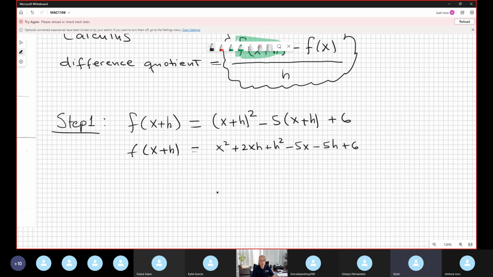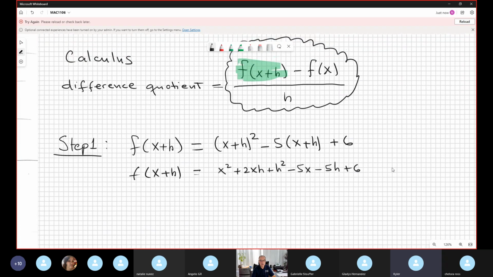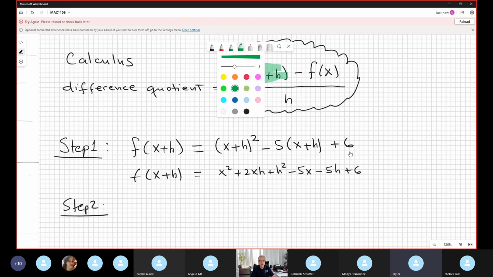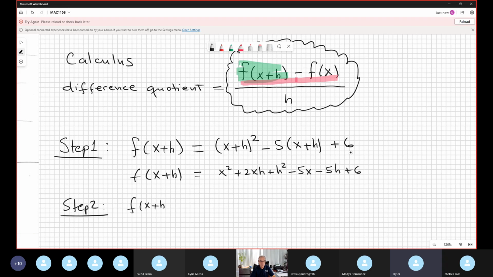The green part in the formula. Let's do step 2. Step 2 is easy. It's subtracting the original. So basically it's something like that. Look. Subtracting the original. This one. Now you take this answer and subtract the original.